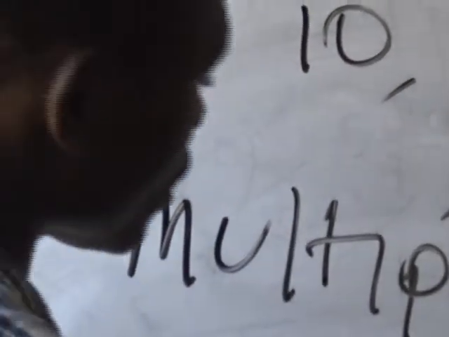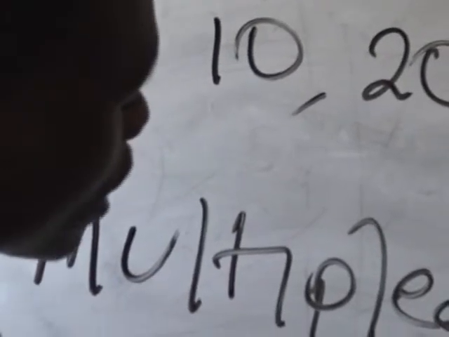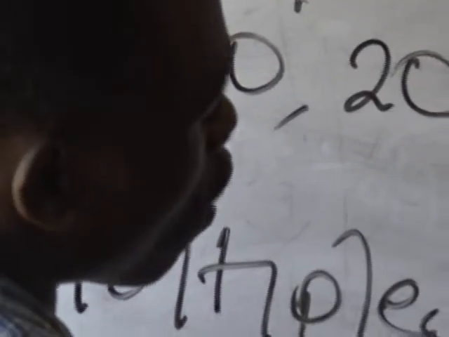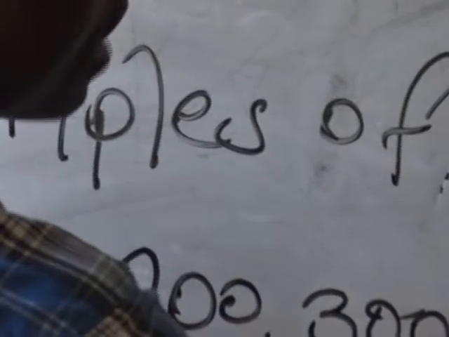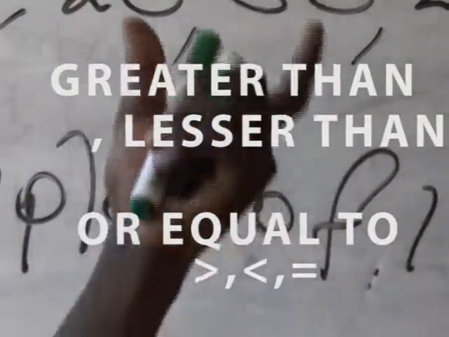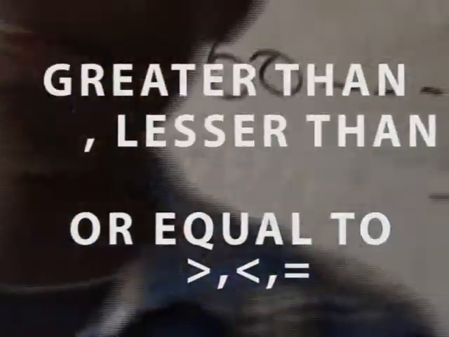Then we have 200, 300, 400, 500, 600, and infinity. Infinity means there are more numbers. Thank you for watching multiples of numbers, and at this time I'm going to take you through greater than or less than.